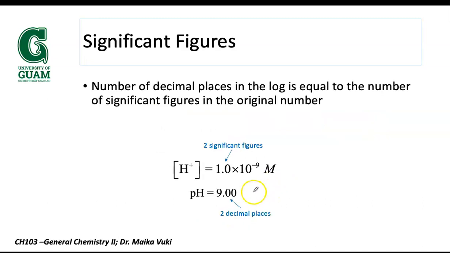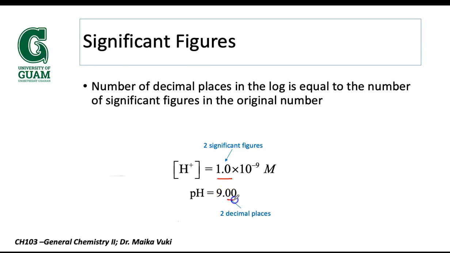Now, one important thing about significant figures. If you have a concentration in 2 significant figures, 1.0 times 10 to the power of minus 9, that's 2 significant figures, right? Now, in terms of pH, you have to record the pH to 2 decimal places. Why?